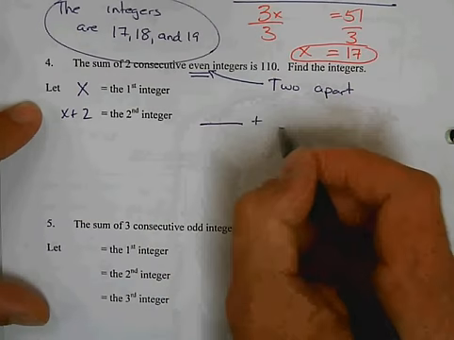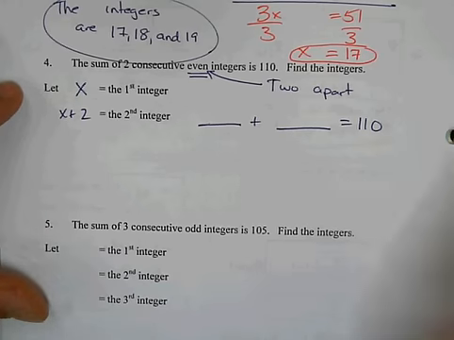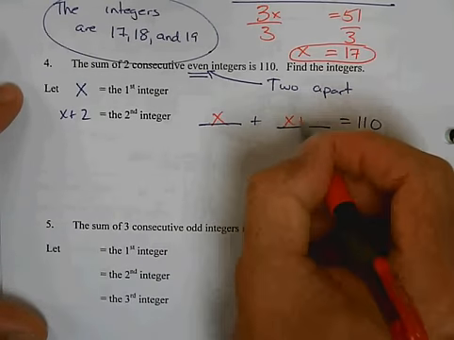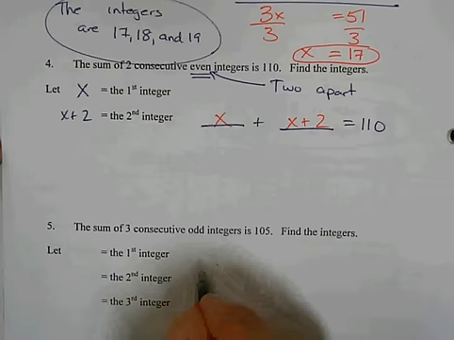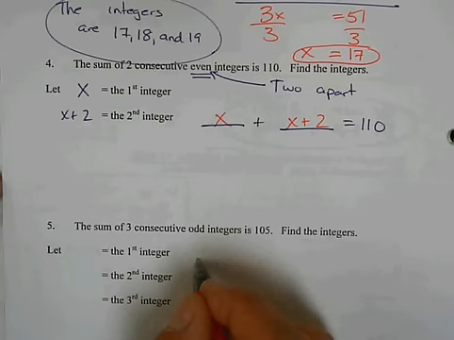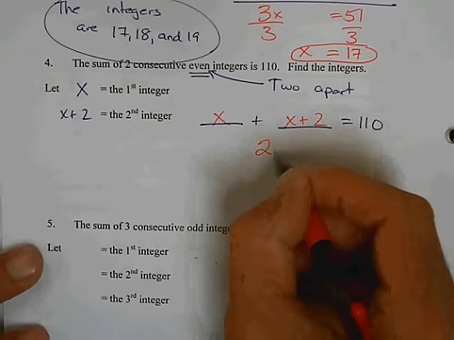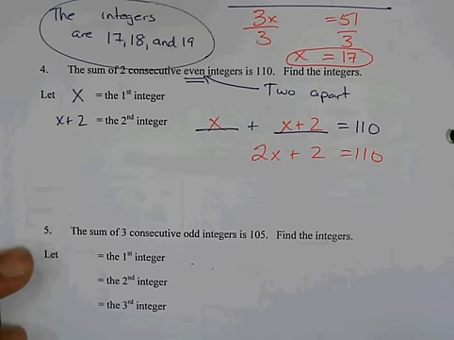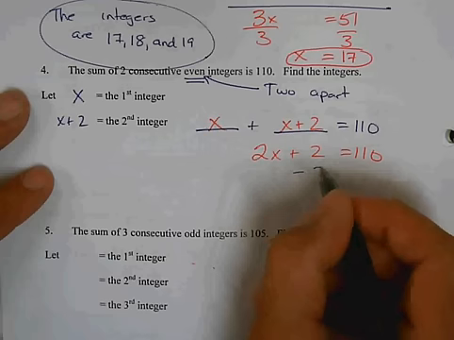So we have a very simple equation here: blank plus blank equals 110. Put in your values. X is the first one, x plus 2 is the second one. Going from there, what do we have? How many x's? 2x plus 2 equals 110. Do what to both sides? Subtract 2.